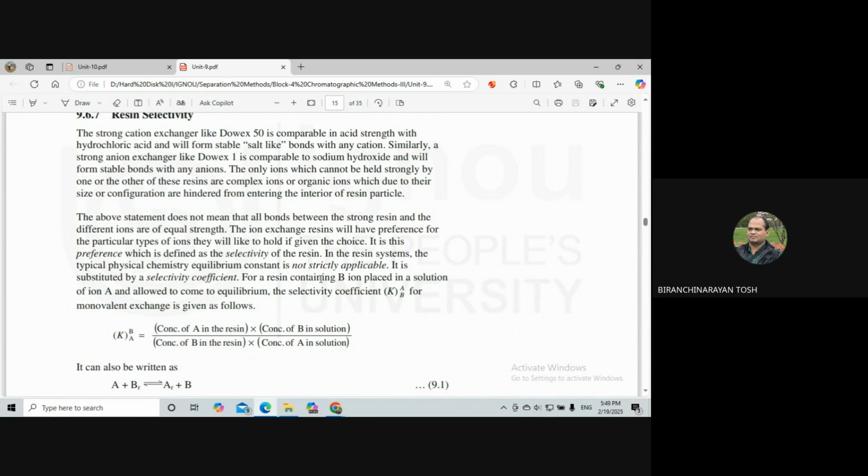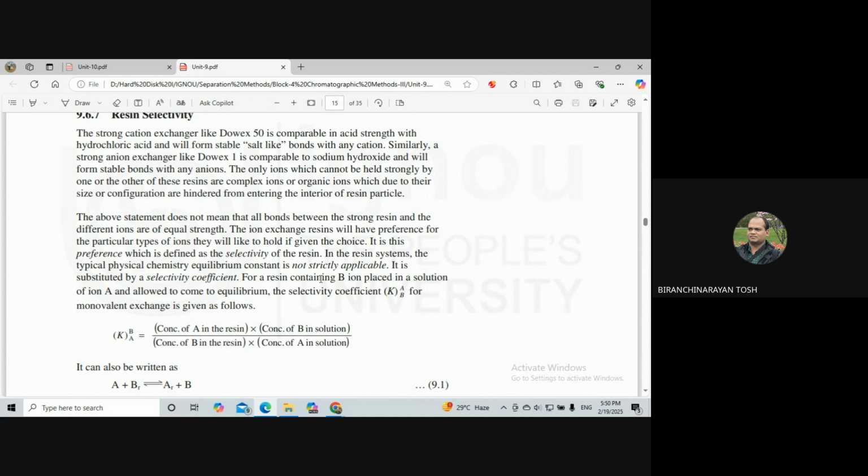Similarly, strong anion exchangers like DOX1 are comparable to sodium hydroxide and will form a stable bond with many anions. The only ions which cannot be held strongly by one or the other of these resins are complex ions or organic ions, which, due to their size or configuration, are hindered from entering the interior of the resin particle. So that's why we have to select the resin.